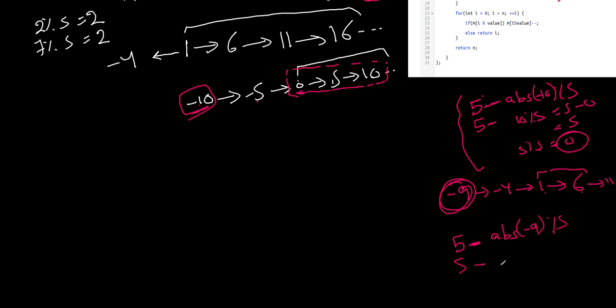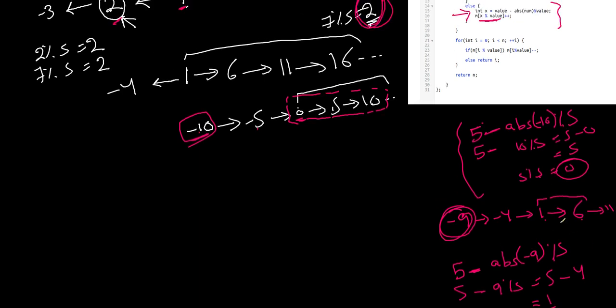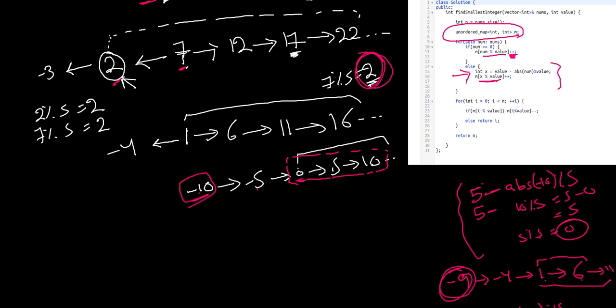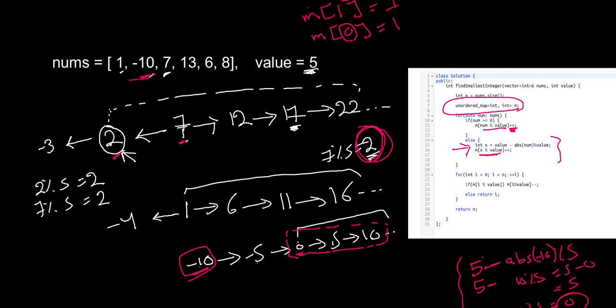This is 5 minus 9 mod 5, which equals 5 minus 4. This is equal to 1. 1 mod 5 is 1, and this is what we need. But minus 9 is not present in our array. Next element is 13.